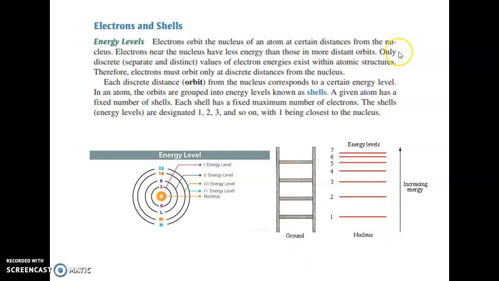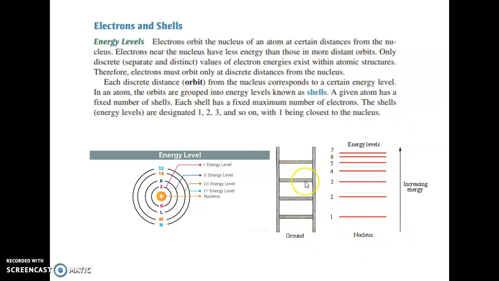We won't have continuous energy levels. See, you don't find any energy levels in between 1 and 2. So you can say that first energy level and second energy level are discrete, or quantized. Quantized in the sense you have only allowed energy levels, not continuous energy levels.